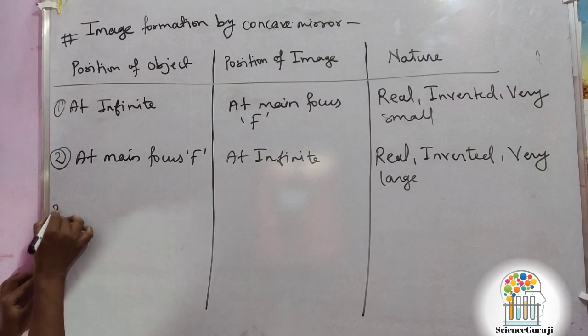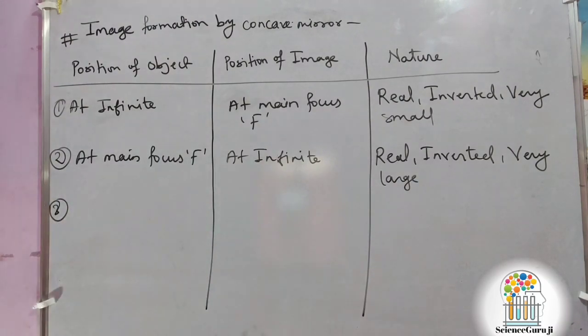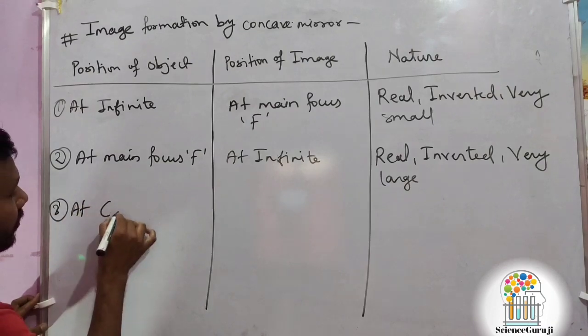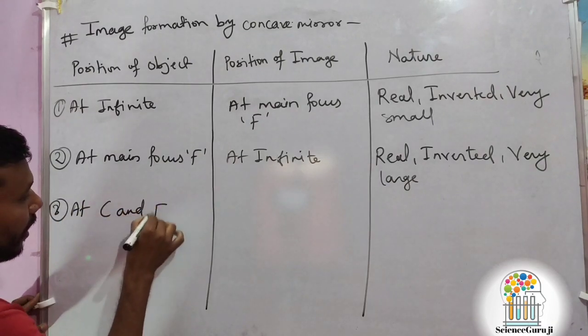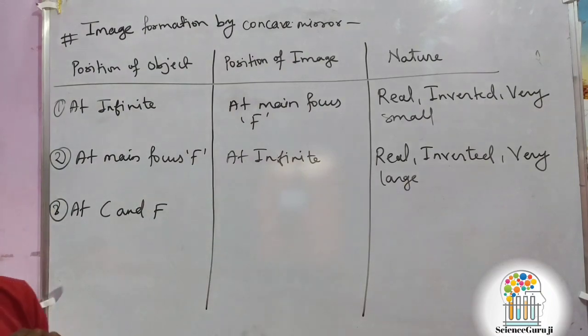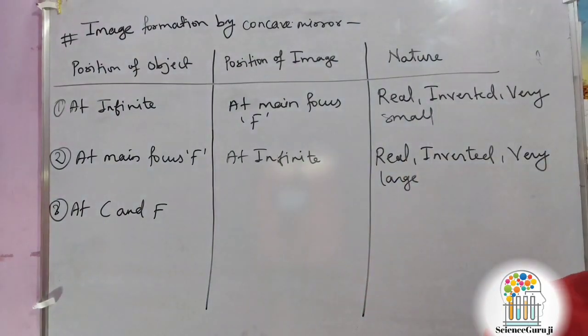Next one, if any object is placed in between the center of curvature and the focus, at C and F, then the image formed by the object is always behind the center of curvature.